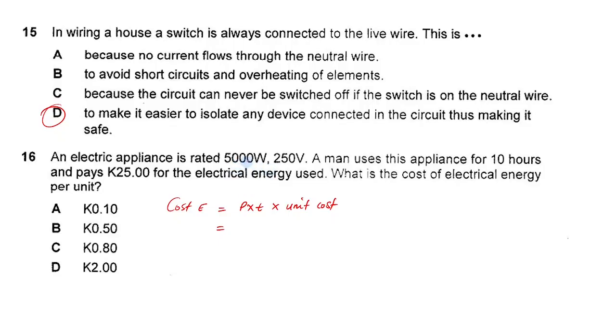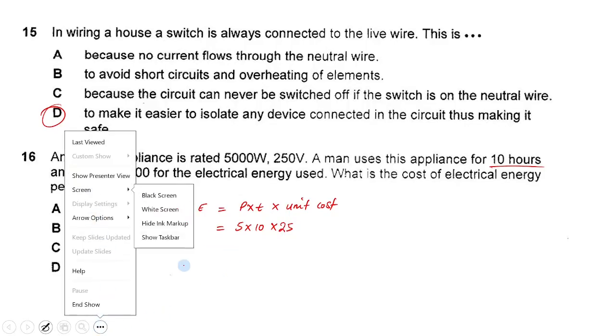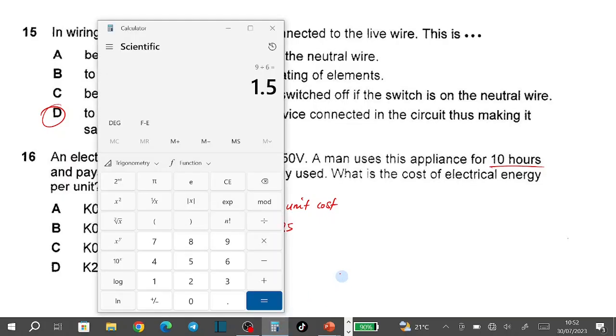So this one divided by 1000, it will be 5. So 5 times time, which should be in hours. We have been provided hours there, which is 10. Then times unit cost is 25. So we'll just get a calculator and do the division quickly.